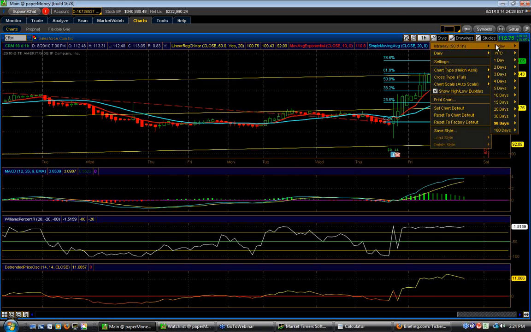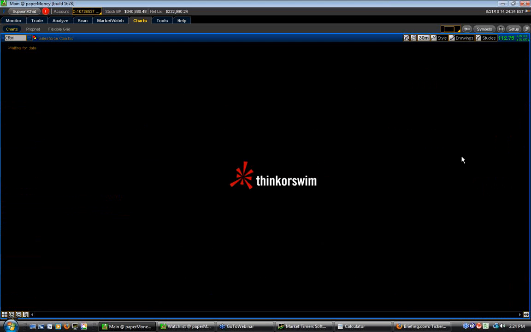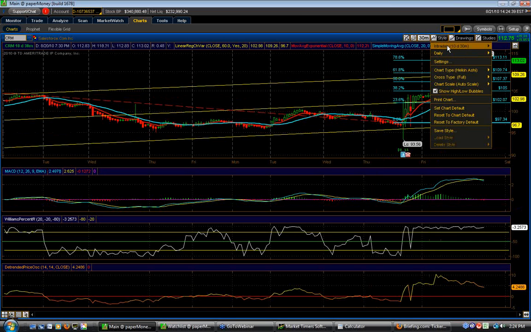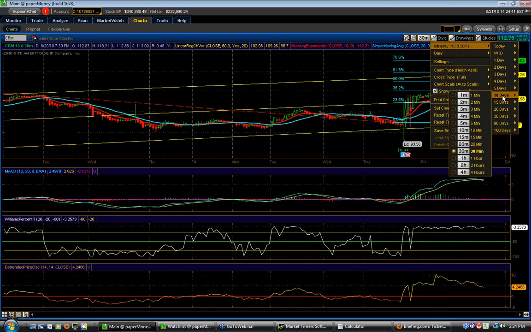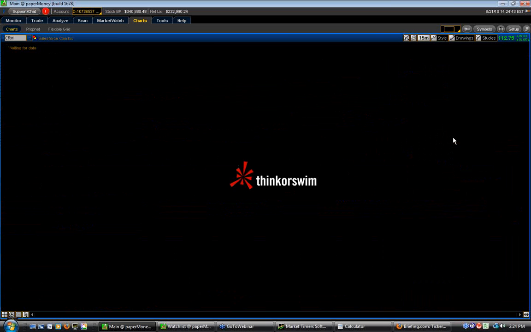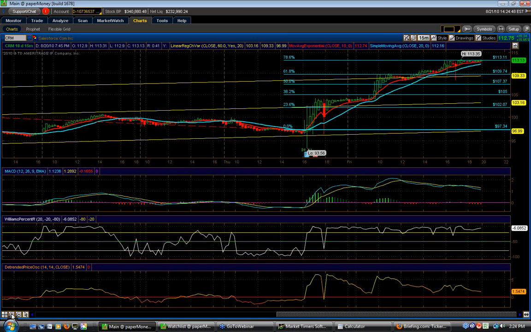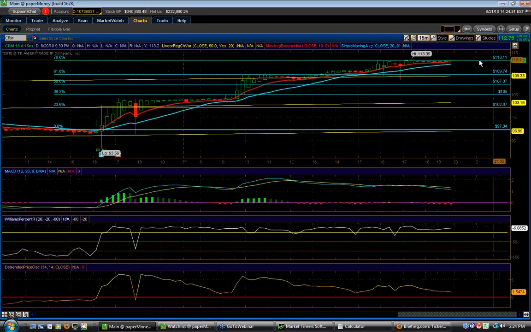What time frame are you using here? Is it hourly? Yeah, it's an hourly chart. Well, maybe that's all it has to go. Let's go to a 10-day, 30-minute. You'll probably be able to see it a lot better. Go to a 10-day, 15-minute. It doesn't matter. You see how it has not broken through that 78? Yeah, there it is. To me, that would be a warning sign of, better start thinking about an exit.